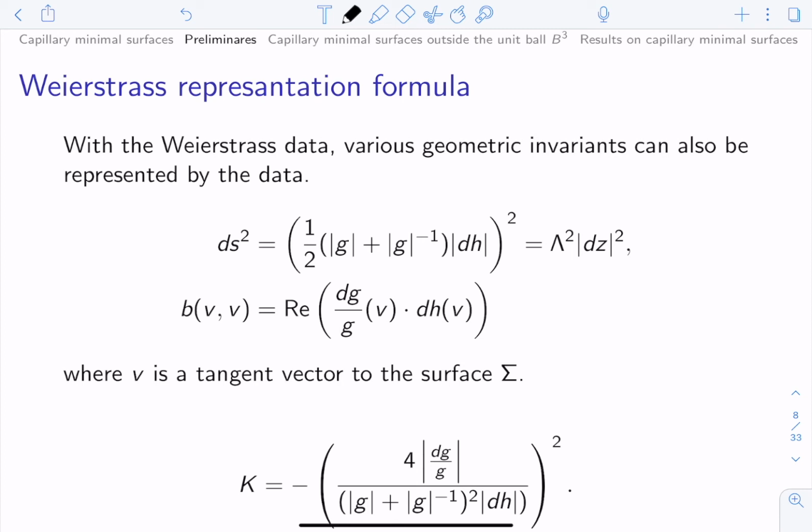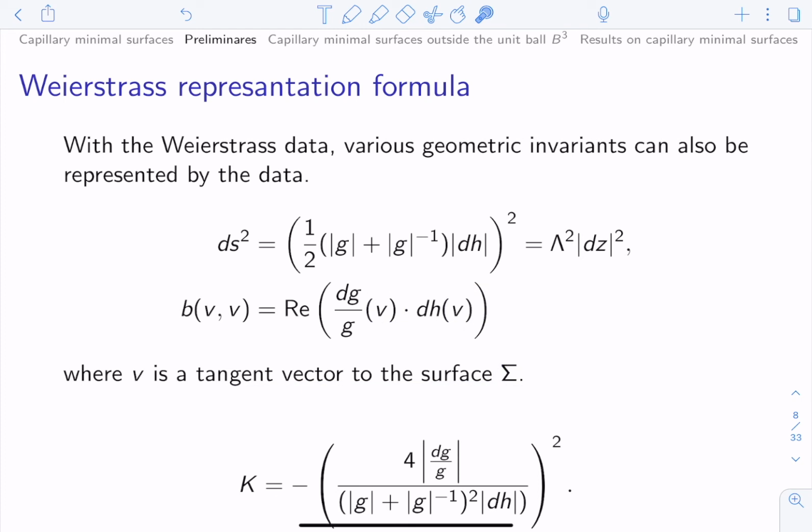With the Weierstrass data, various geometric invariants can also be represented by the data. So there are the first and second fundamental forms. They can be represented by the data as follows. Here, v is a tangent vector to the surface sigma.